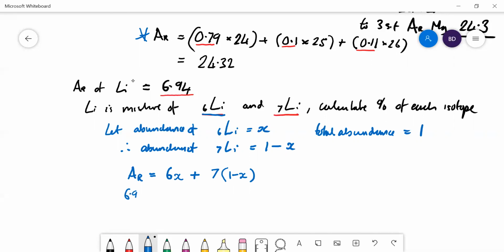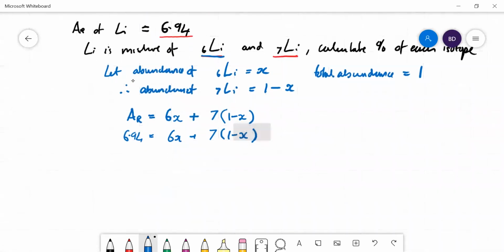So 6.94 is equal to 6X plus 7 times (1 minus X). Let's multiply that out.